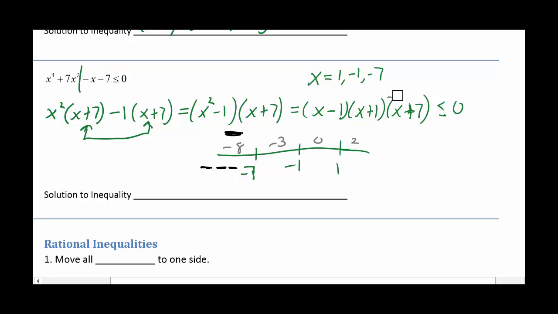And then we'll go on to the next number. Next number is negative 3. So if I evaluate that at negative 3, I get negative 3 minus 1 is negative. Negative 3 plus 1 is negative. And negative 3 plus 7 is a positive number. All right, so what happens if you multiply 2 negatives and a positive? You should get a positive result.